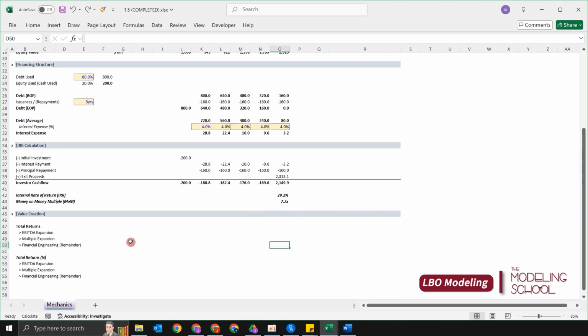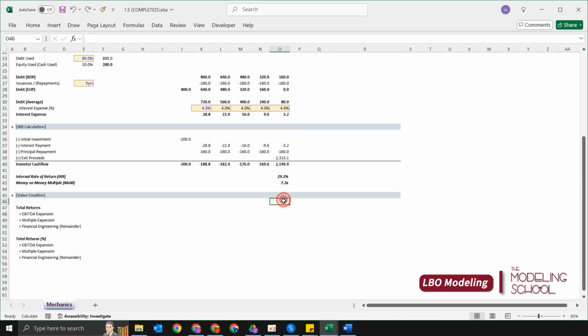Lastly, let's also see the value creation. So where do the returns, from the private equity's point of view, come from?